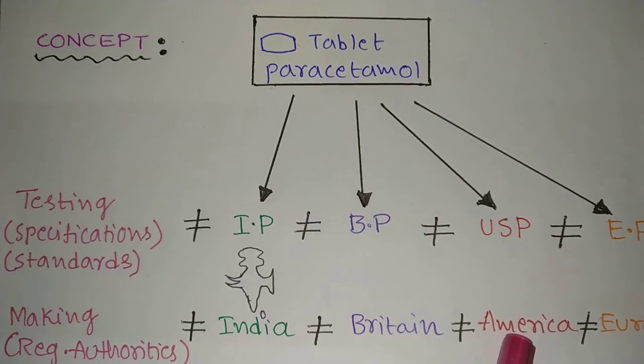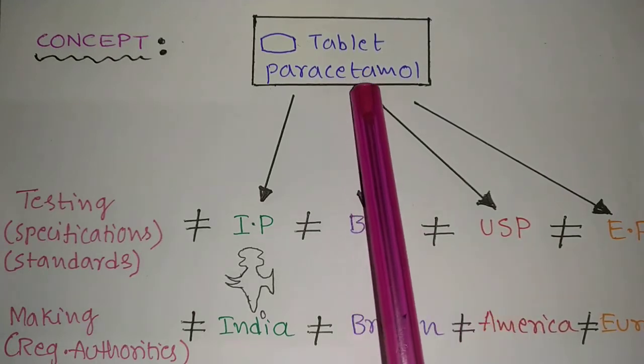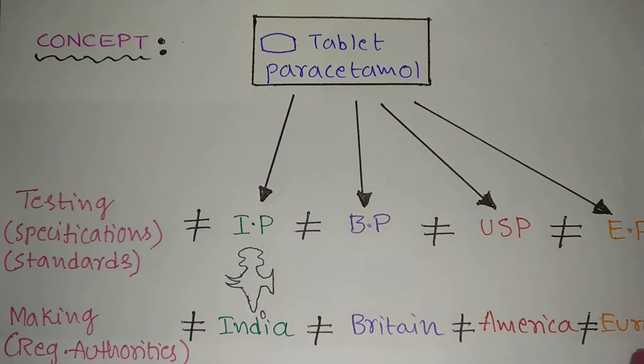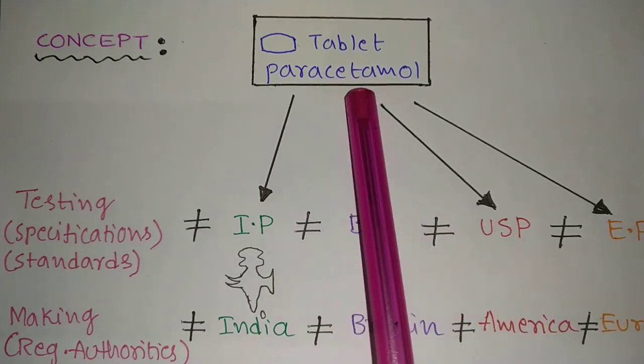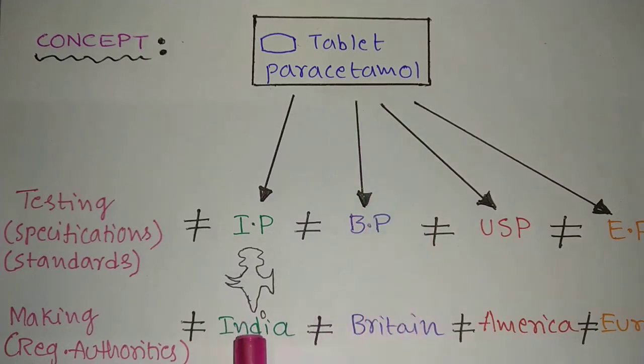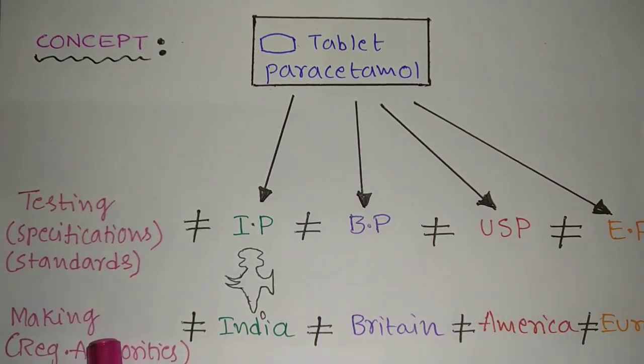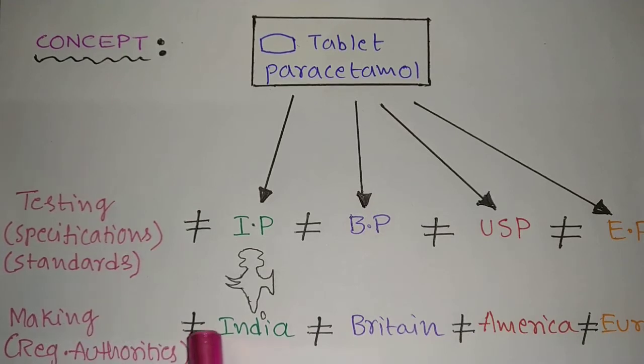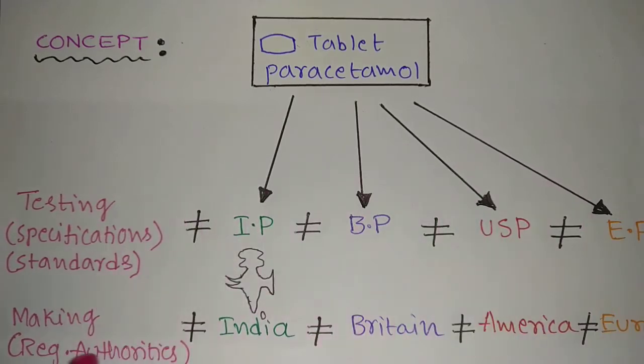US FDA gave different guidelines for the manufacturing of tablets. And Europe is also giving different guidelines for manufacturing the paracetamol tablet. So different countries have different regulatory authorities, and all these regulatory authority specifications are not equal. This makes the biggest problem worldwide.